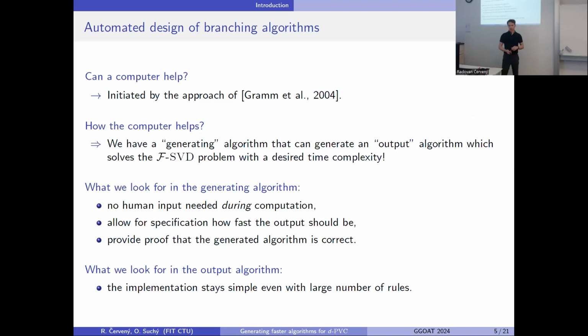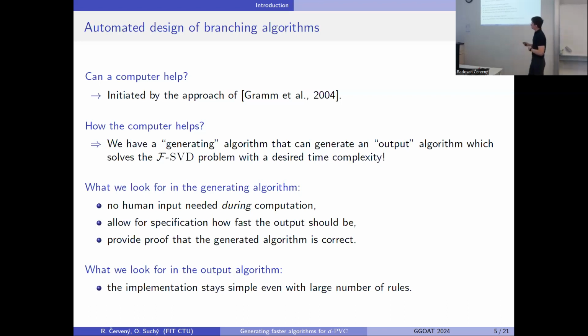For some other general problem, they showed a procedure that can output a branching algorithm that solves the problem, and we do something similar. But we kind of restrict ourselves, and that allows us to improve the algorithm. We do not solve as many problems as they did, but we solve them faster.